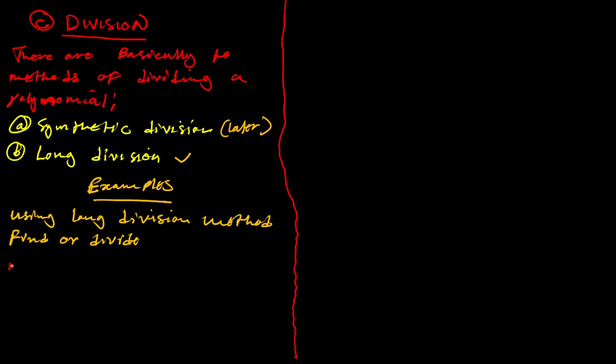So I'll say p of x is simply equal to 2x to the power 4 plus 4x cubed minus 5x squared plus 3x minus 2, divided by q of x, which is simply equal to x squared plus 2x minus 3.